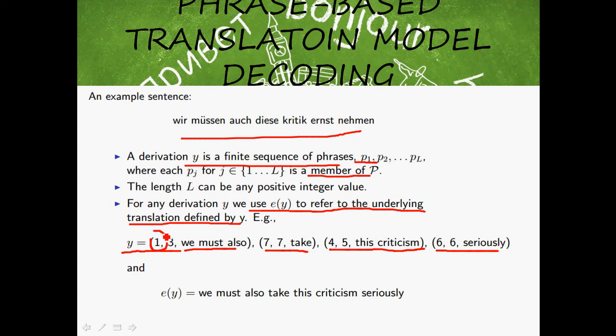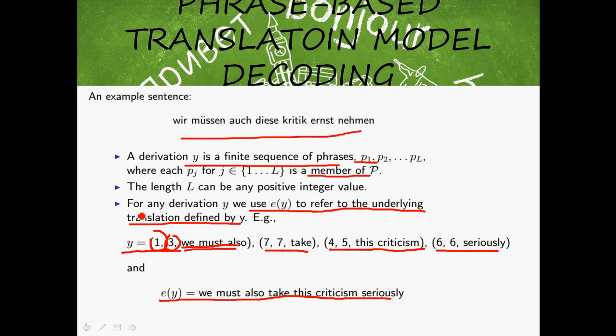This one is a starting point, this one is the ending point, and this is the English sequence of words. From this derivation, the translation should be: we must also take the criticism seriously.